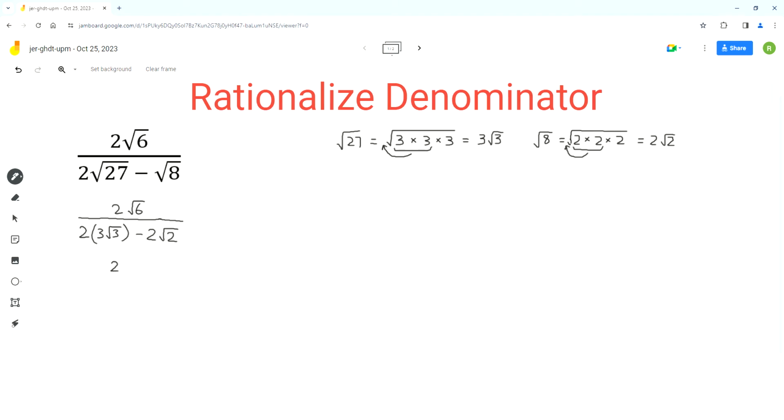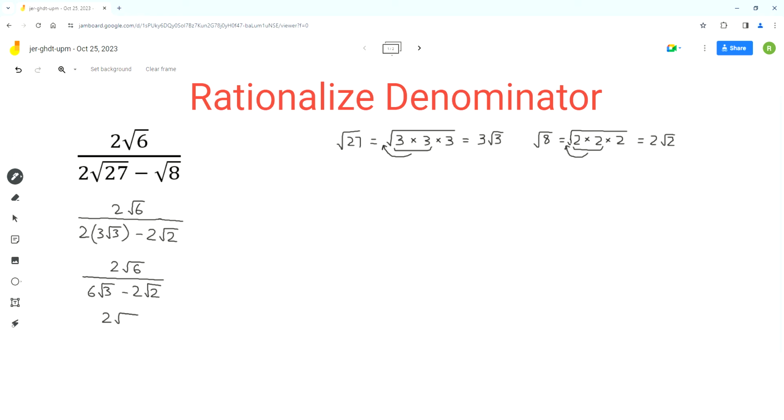So we get 2 square root 6 over, so we can do the multiplication in the denominator. So 2 times 3 is 6, so we get 6 square root 3 minus 2 square root 2. Now these terms in the denominator are not like terms because their radical parts are different. But we can simplify this expression in the denominator by factoring out a 2, and we can then cancel out the 2 with the 2 in the numerator.